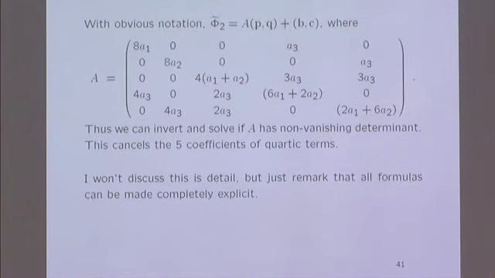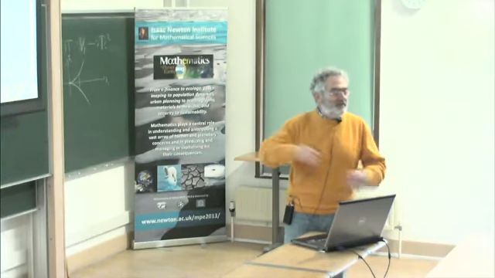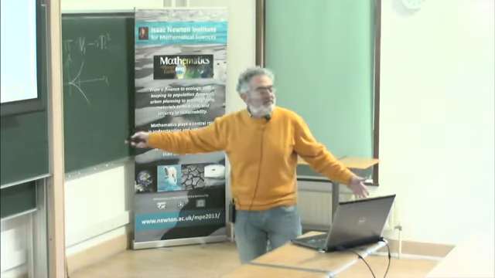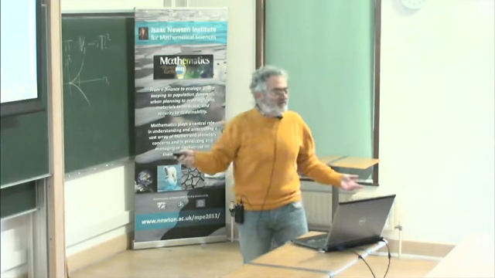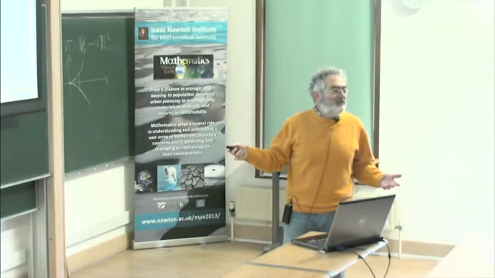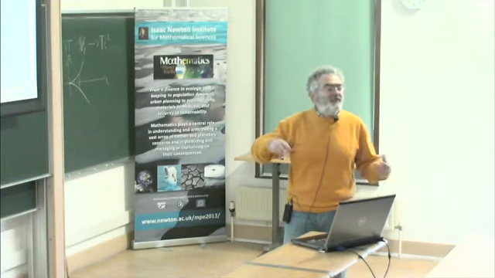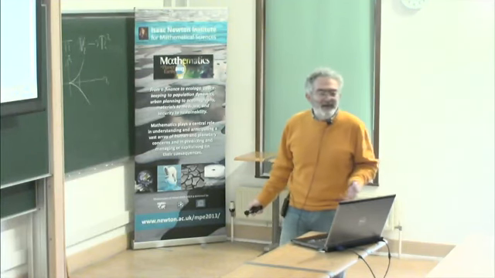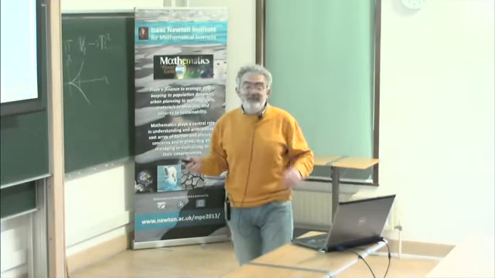So I can invert this matrix if the determinant is non-zero. I don't want to write complicated formulas, but I just want to show that everything is explicit. I can just make computation. Up to this point, maybe I could do that by hand. If not, I take my Mathematica and I build the matrix. I just ask to compute determinants, invert matrix. Of course, if I want to invert a matrix 50 by 50, the computer will complain. But in principle, everything is explicit.